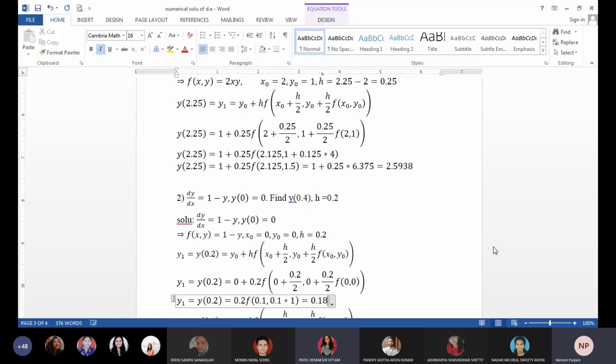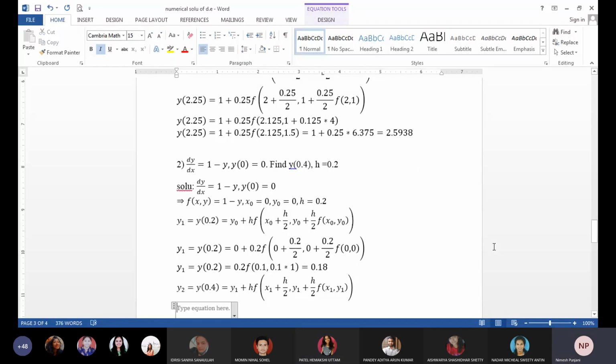Yes. Okay, good. Now calculate y2 and get the answer y of 0.4. That is, calculate y2. The formula we have already written. You just have to substitute the values and find the answer. So quickly tell me the answer.